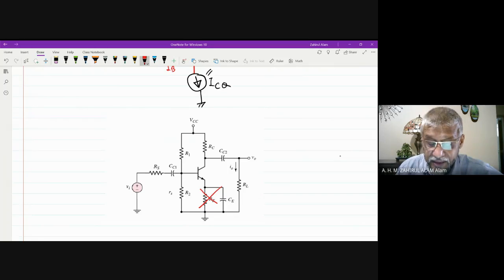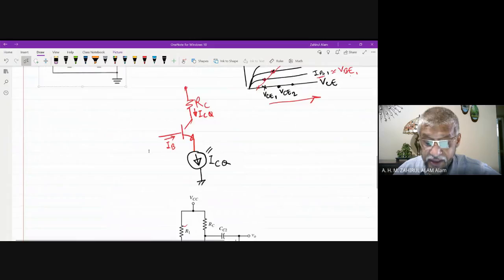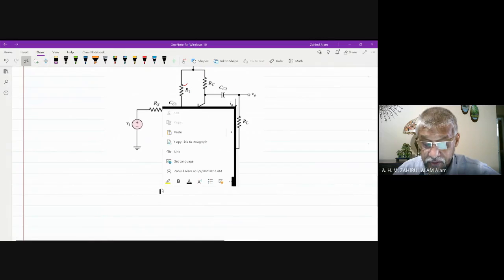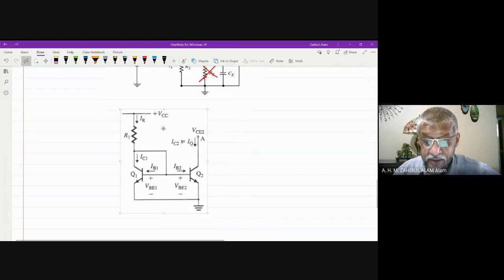For the moment, I keep this R1 and R2, but I can change this. Now this is my modified current source. So we have to design this current source, and this IC, now the output, this is ICQ.